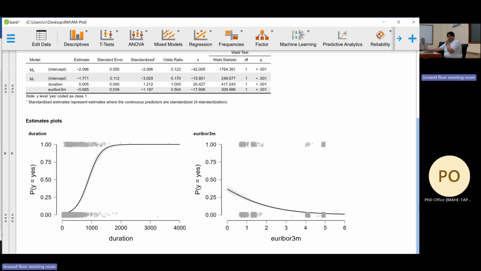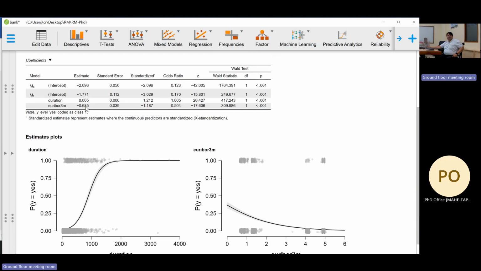Euribor seems to be on the negative side, minus 0.685. What is Euribor? It's the European interbank lending rate. If the interbank rate is high, the transfer rate will be less. An inverse relationship. Is it logically right?